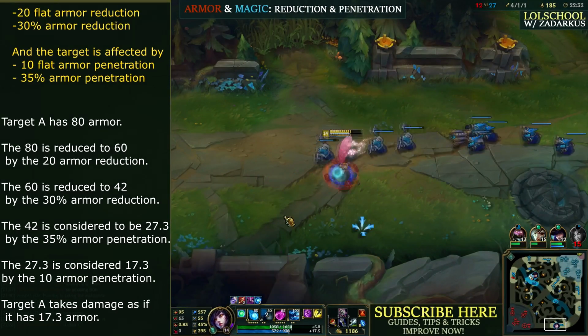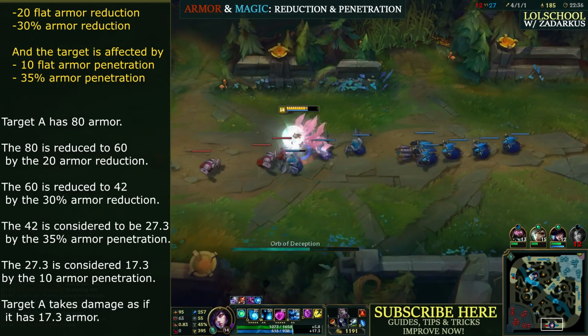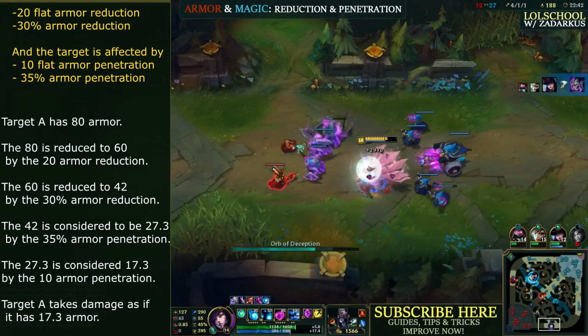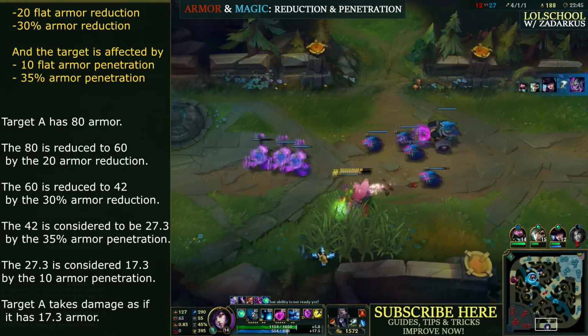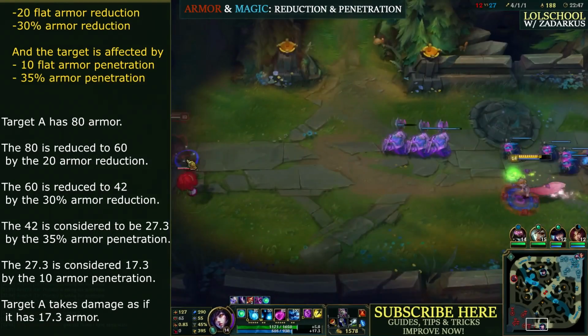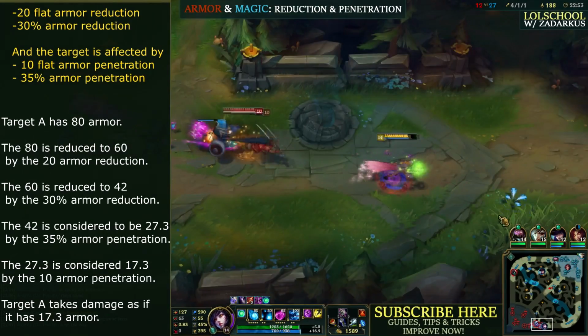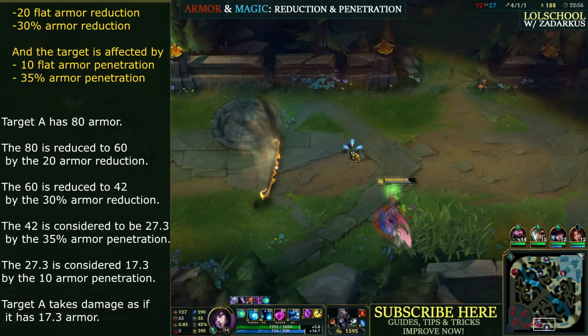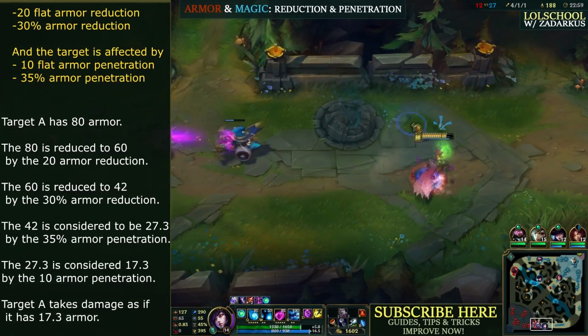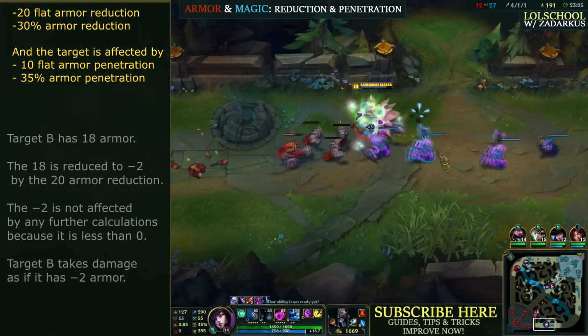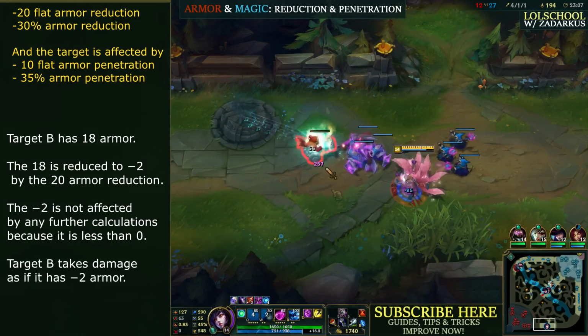The 42 is considered to be 27.3 by the 35% armor penetration, and the 27.3 is considered to be 17.3 by the 10 armor penetration. Target A takes damage as if it has 17.3 armor.